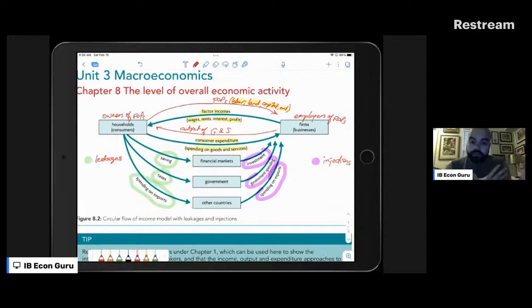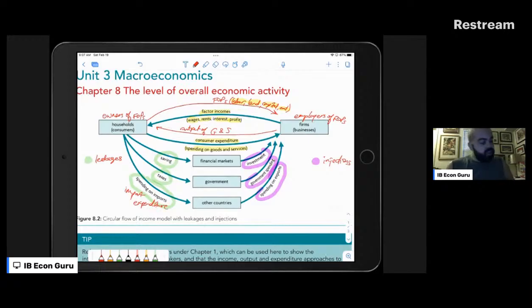Not all the income that is received by households is actually spent on goods and services. Some of this income flows to the financial markets and the banking sector in the form of saving. Some flows to the government sector in the form of taxes. And some flows to other countries or the foreign sector in the form of spending on imports, which, remember, is called import expenditure. That's its fancy name.